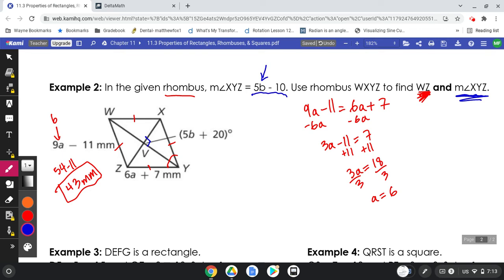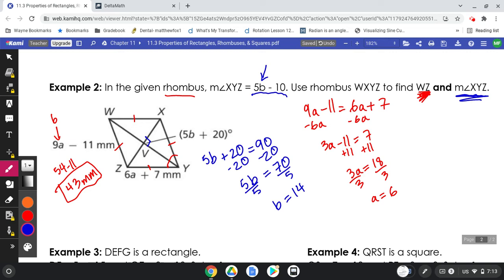The diagonals are perpendicular, so 5b plus 20 must equal 90. Now, if that is the case, subtract 20, 5b will equal 70, divide by 5, and b will equal 14.